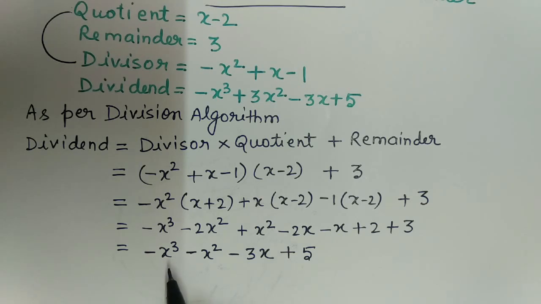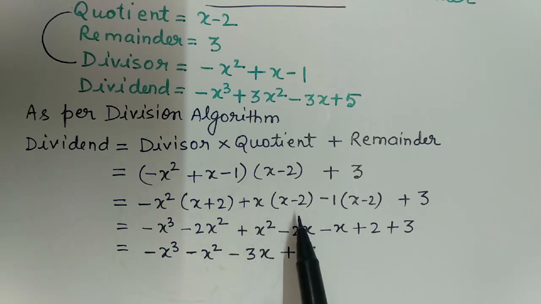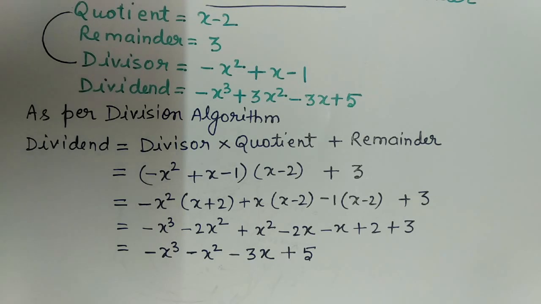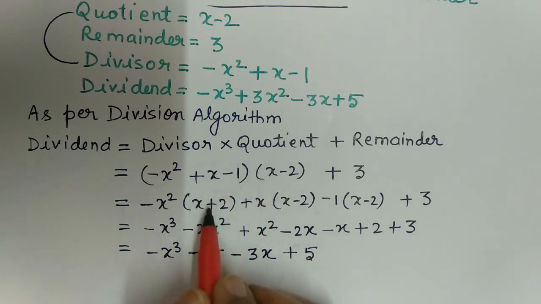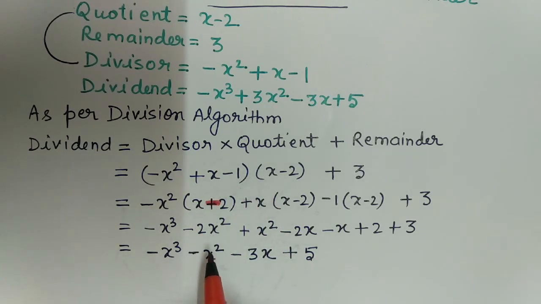Somewhere I think I have made a mistake. Okay, got it. Actually, it is x minus 2. By mistake, I wrote it as x plus 2. So it is actually x minus 2.